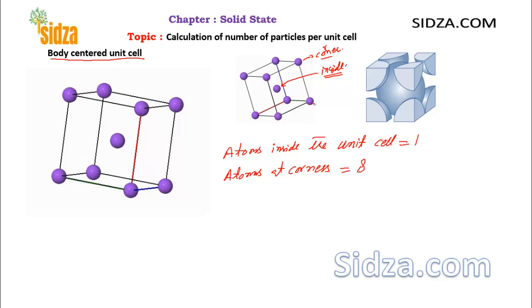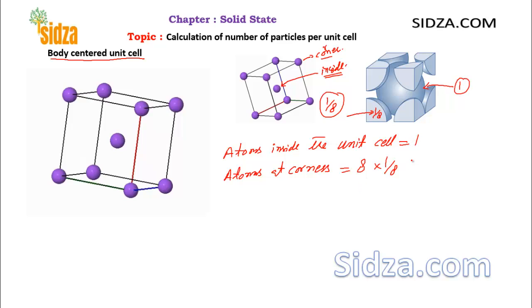But the contribution of an atom present at the corner is 1 by 8 of its size. Why? Because it belongs to 8 adjacent unit cells. So that's why you see here, this is the size of an atom that belongs to the 1 unit cell. This is 1/8 the size of an atom, because the atom at the corner belongs to 8 unit cells, while the atom inside the unit cell belongs to it completely. So its contribution is 1.